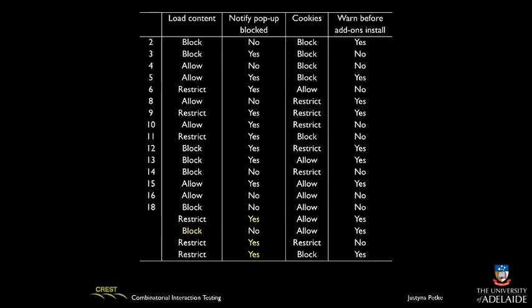So block is an option, or allow and no would be an option as well. So in the end, instead of having 15 after deleting some, or having 18 by changing some values but then missing out on some three-way interactions, what we've done now was go from 18 to 15, analyze what we're missing, and then we added 4 again, which gives us 15 plus 4, 19 test cases.